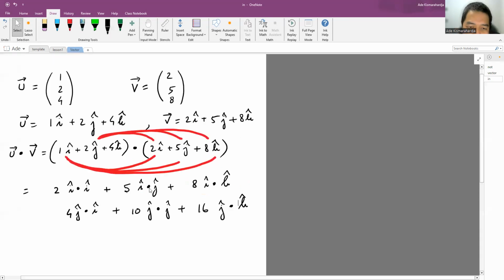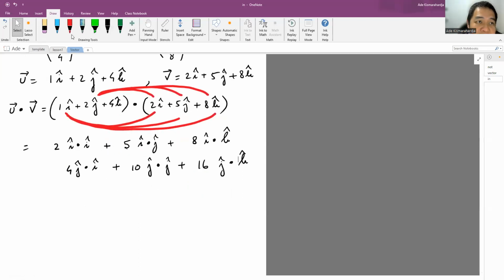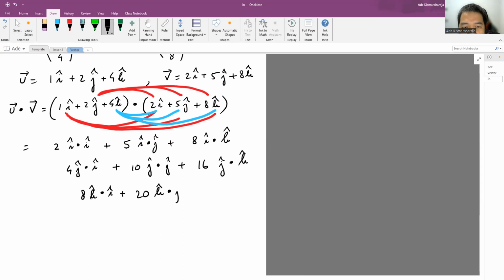Let's just be patient a bit, because I want to explain something from this calculation. For 4k dot 2i, that's 8 k dot i, and then plus 20 k dot j, and then plus 32 k dot k. So now you probably wonder, what are these?